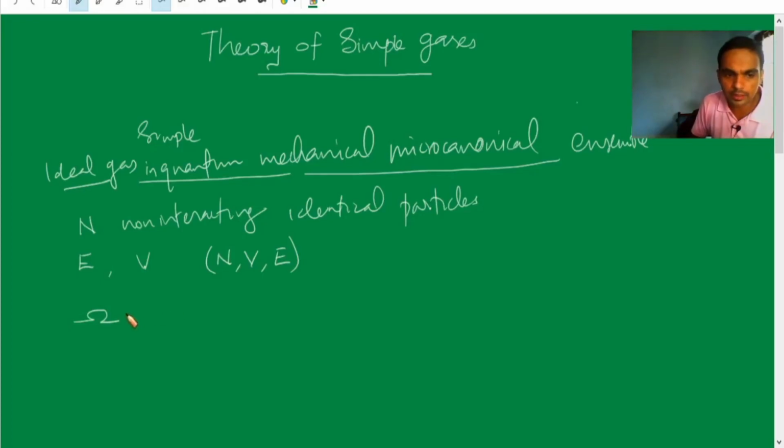We can say that there is Omega number of distinct microstates accessible to this system. So this is Omega of N, V, E.